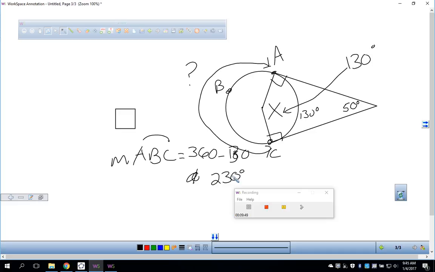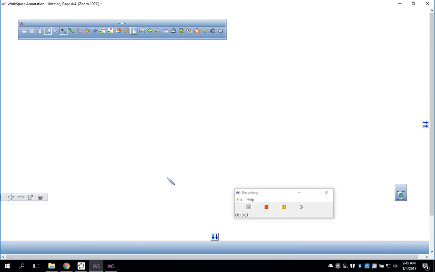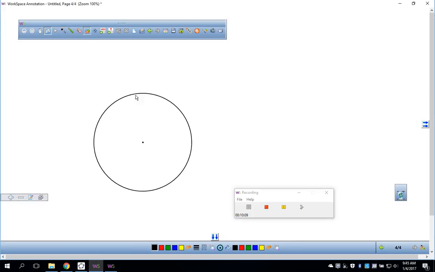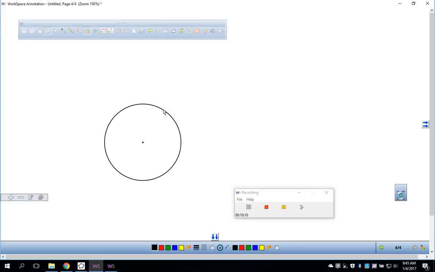Okay. One other type of thing that you may see. This one's a little, you have to think a little bit more, okay? So say I were to give you a slightly different picture, where I draw this to here, kind of like the last one.